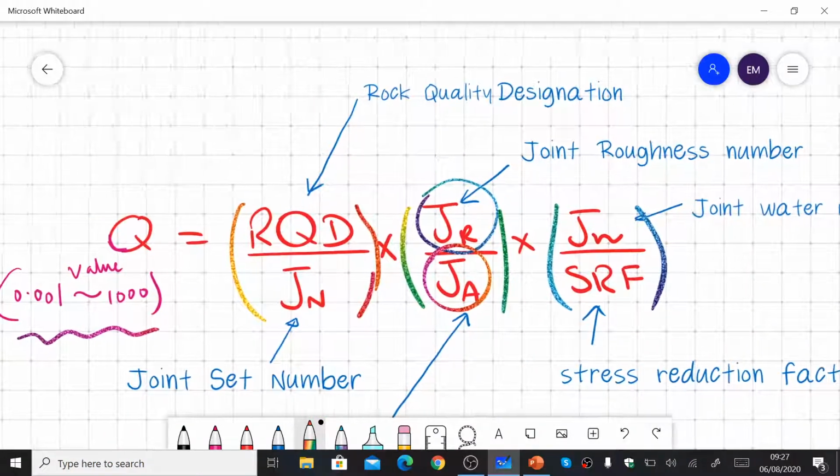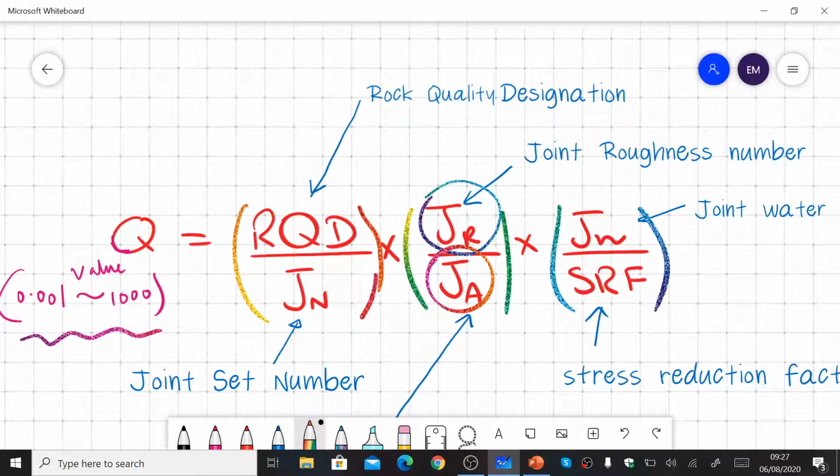The governing equation is this here. The Q value ranges from 0.001 up to 1000, and it contains three quotients. The first quotient is called the relative block size, then we have JR over JA, the roughness quotient, and lastly the active stress quotient, JW over SRF.